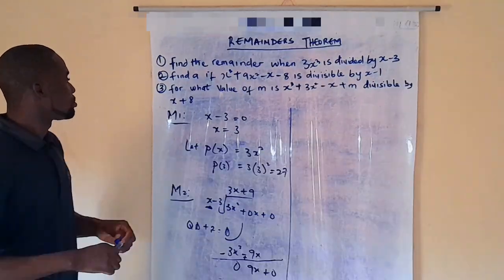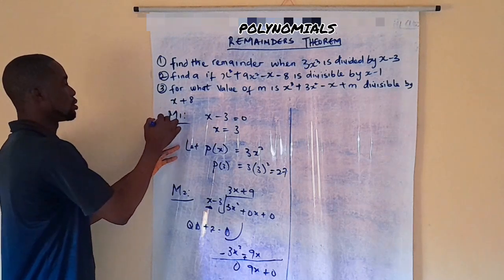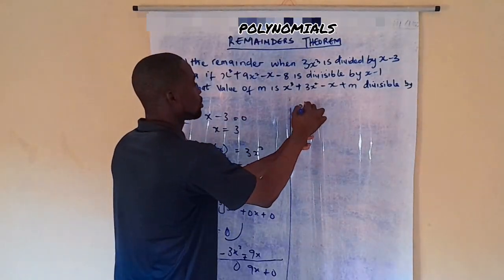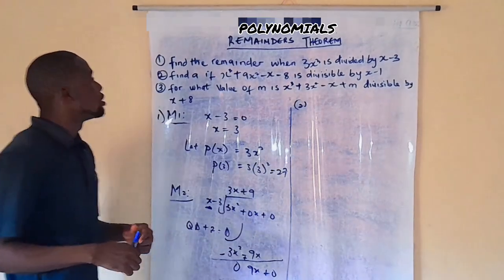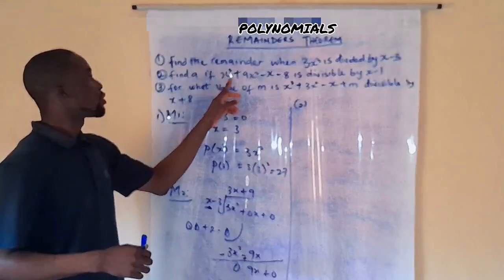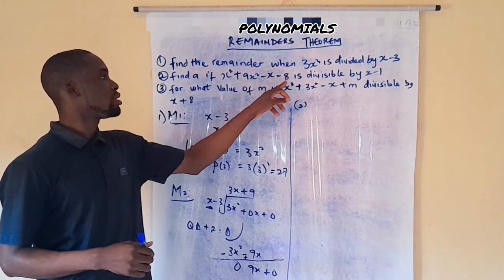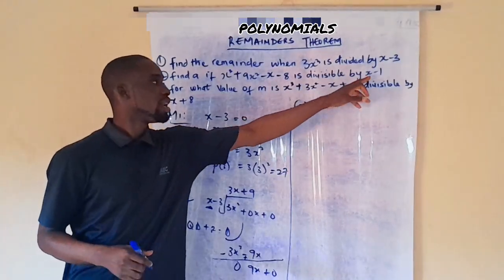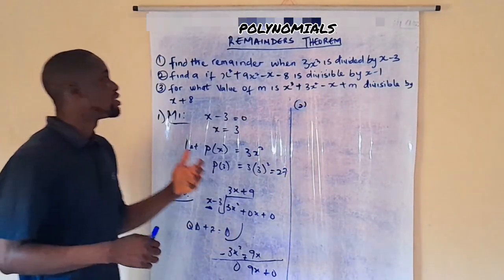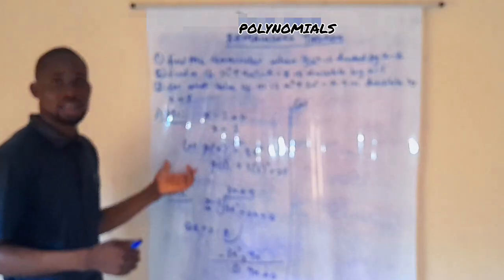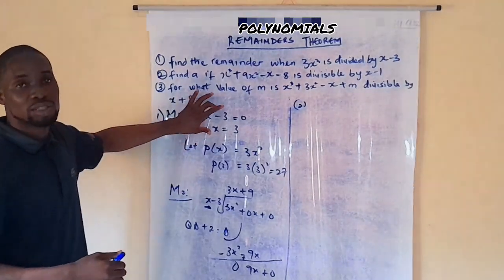Number 2 question. So number 1 is done. Number 2 question is, we have to find a if x cubed plus ax squared minus x minus 8 is divisible by x minus 1. Now, the only way you can solve to get an answer here is to follow this first method.